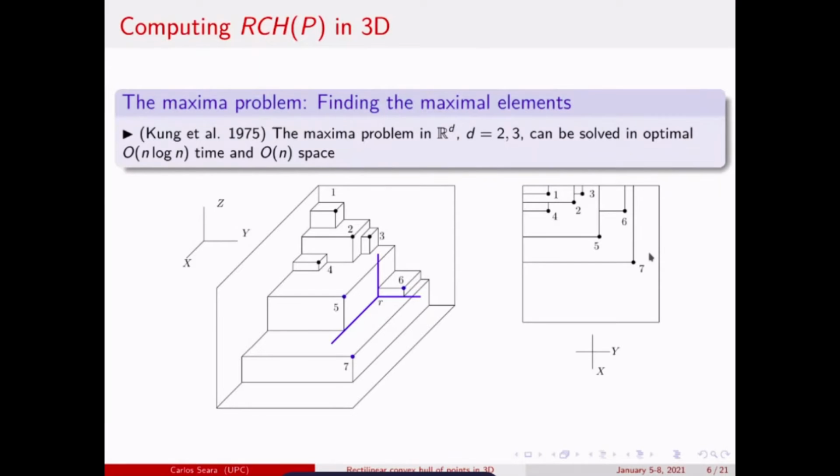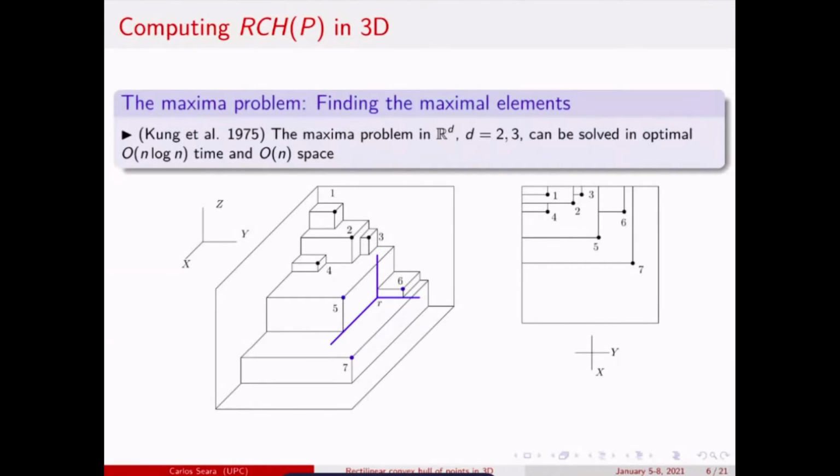The domination: a point is dominated by another one if a point is less than another one when all its coordinates x, y, and z are less. This problem is the maximum.